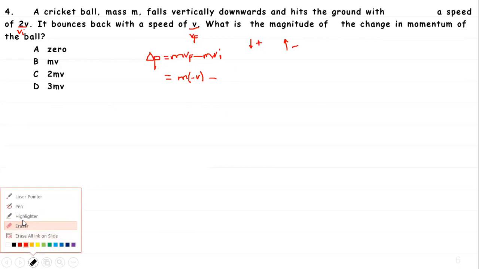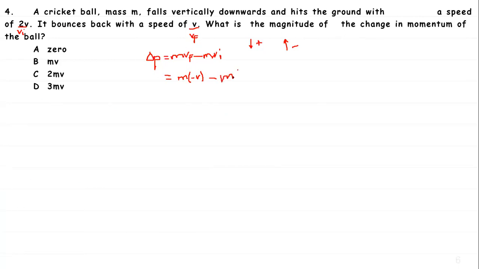The mass is still m, but the initial velocity is 2v when it was hitting the ground, going downwards, so it's positive 2v. Then you do your mathematics. m times negative v is negative mv. Negative m times 2v is negative 2mv.